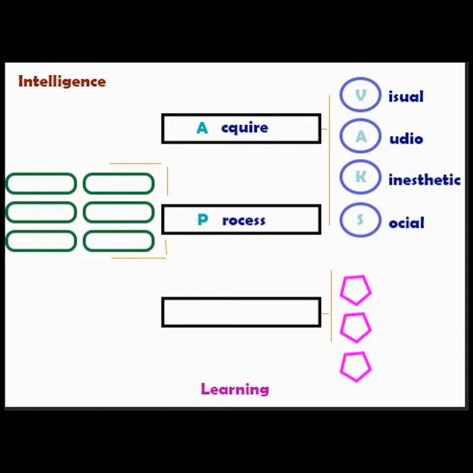So I'm going to have the first part here disappear, and we're just going to focus on the acquiring information. Excuse me, we're just going to focus on the processing. I was looking for the layer for acquire, and I'm removing it. But no, we need to focus on the process of information.